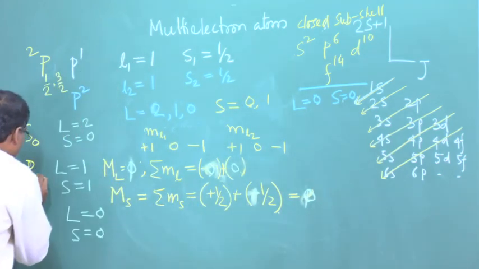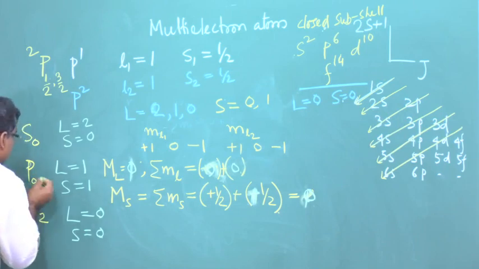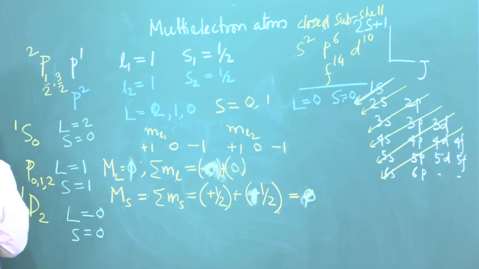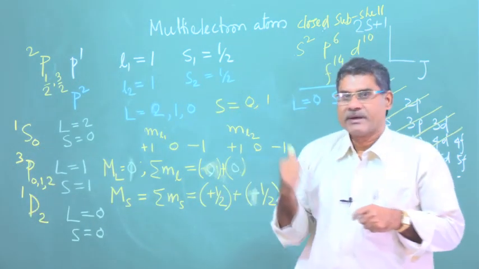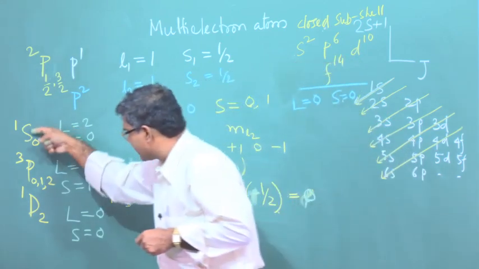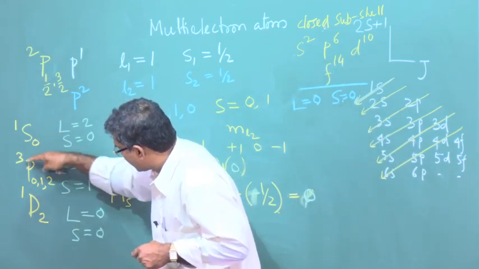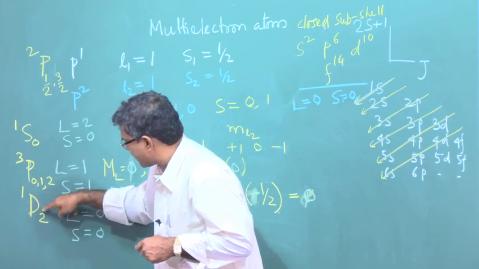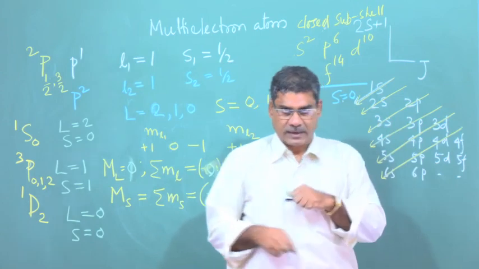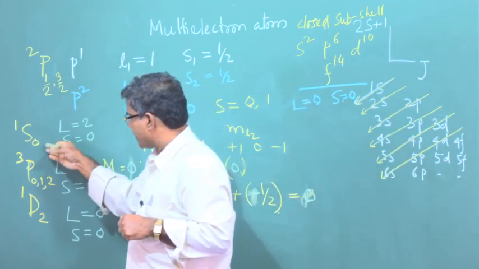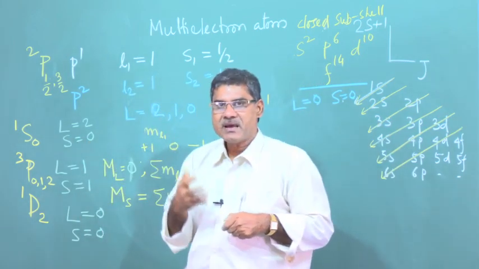So, it is P0, P1, P2, okay, and multiplicity 2S plus 1, S is 1, is 3, okay. So, here 3 terms are there, and in total 5 spectroscopic terms are allowed for this.